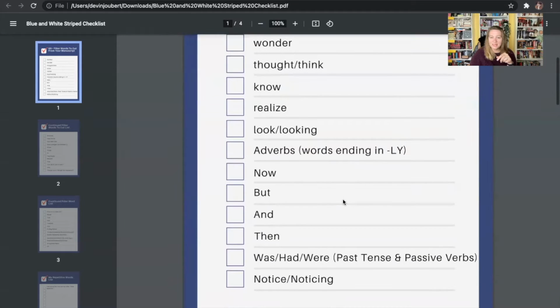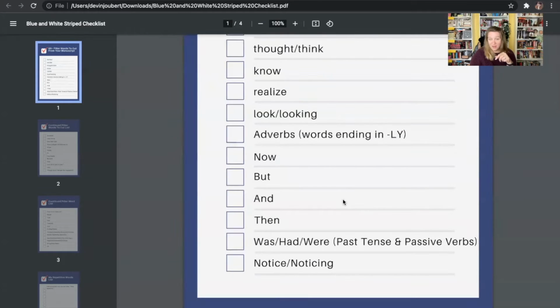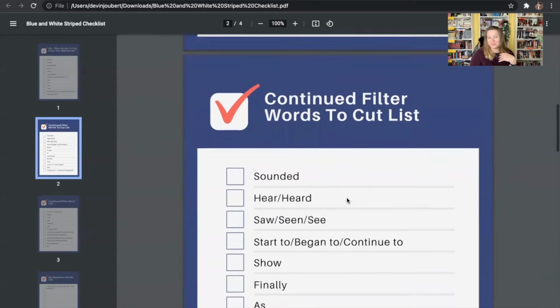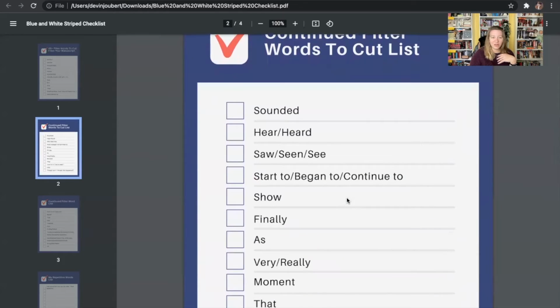Now, but, and, then, was, had, were, and other past tense slash passive verbs. Notice, noticing, sounded, hear, heard, saw, seen, see, start to, began to, continue to.